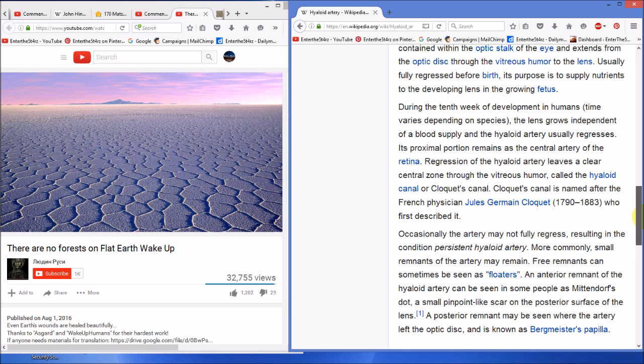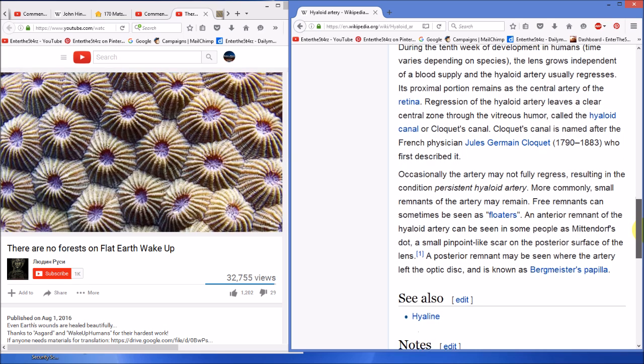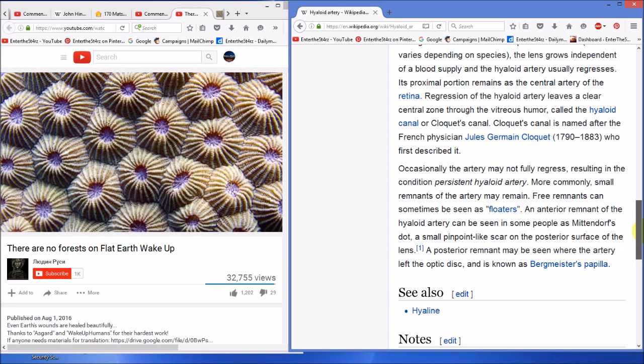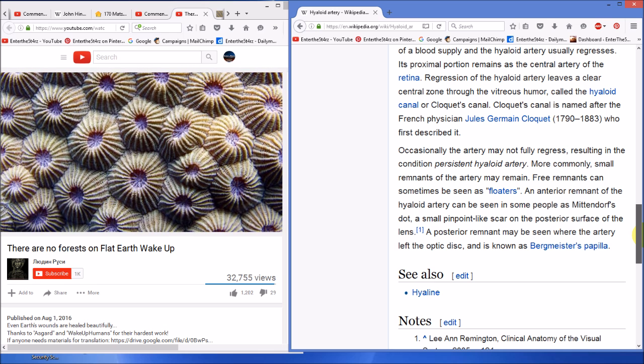Regression of the hyaloid artery leaves a clear central zone. This is the narrow gate through the vitreous humor called the hyaloid canal. Occasionally, the artery may not fully regress, resulting in the condition persistent hyaloid artery.